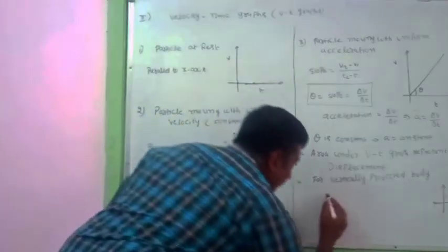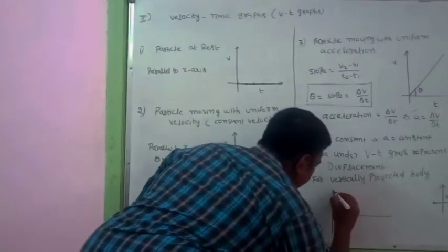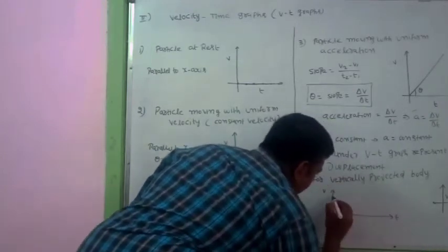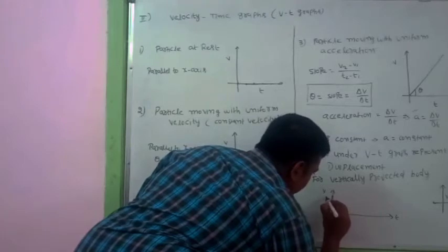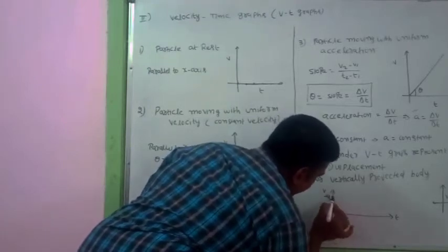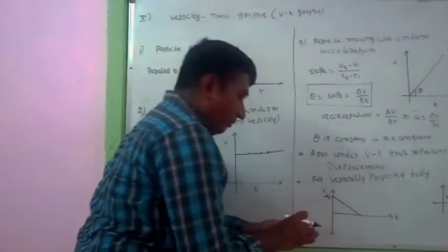In such a case, if this is velocity and this is time, first it has plus u, this velocity goes on decreasing and becomes 0 at the maximum height.